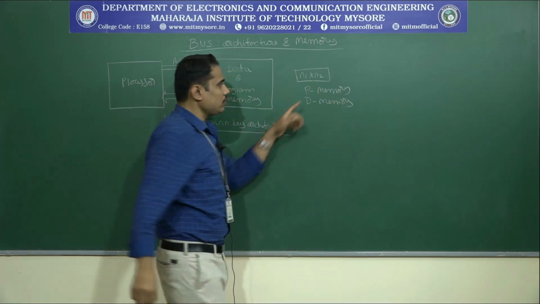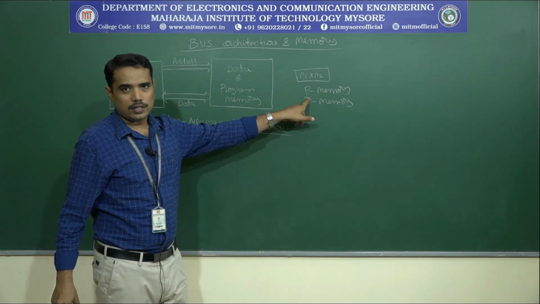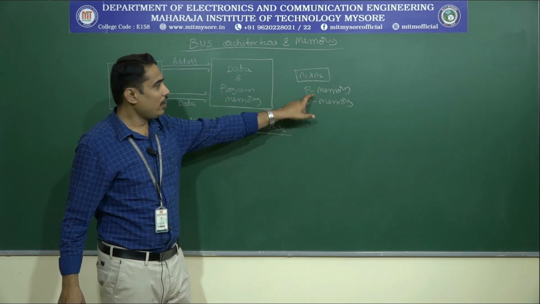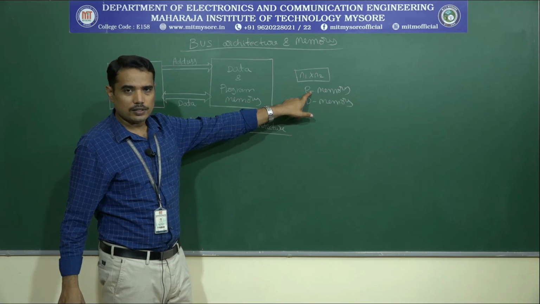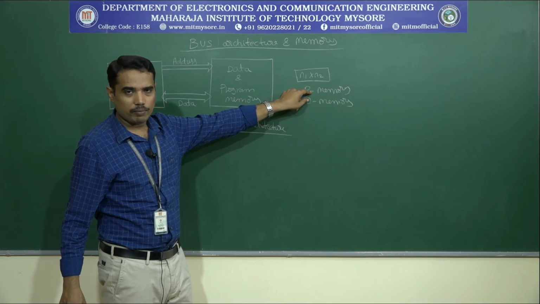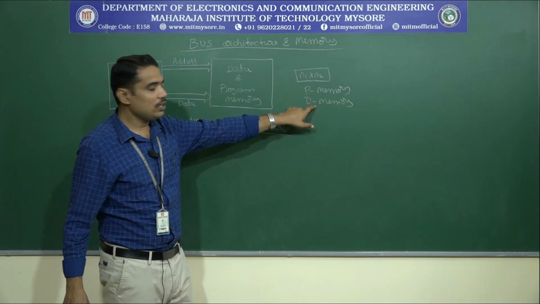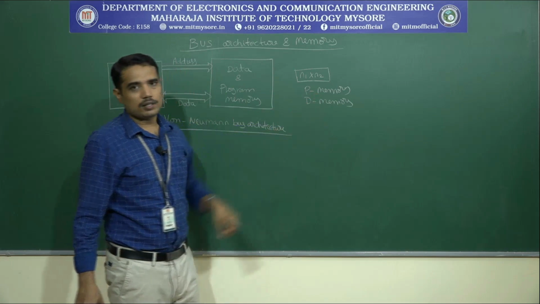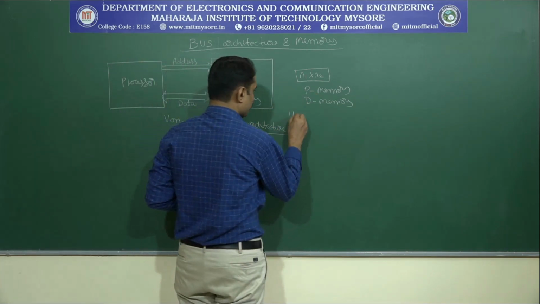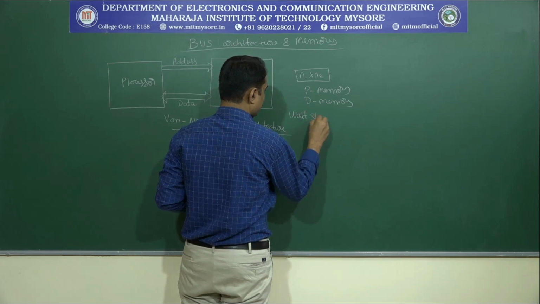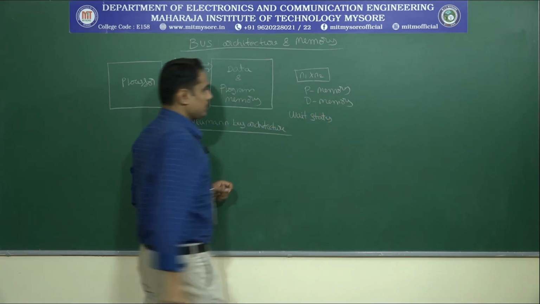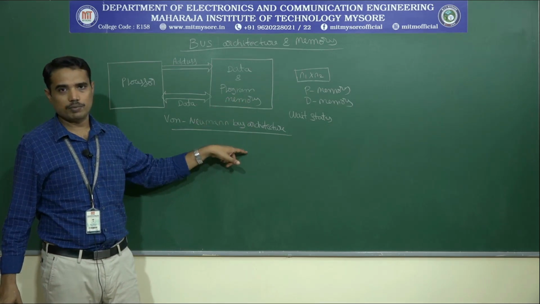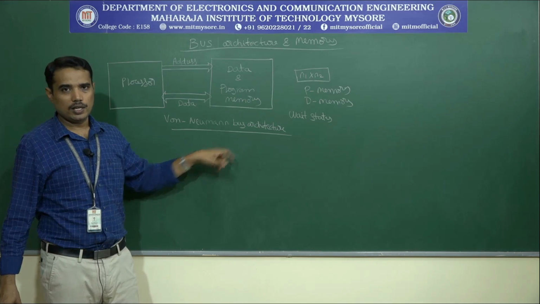That means first, if you want to fetch the instruction, then the data will be idle. After fetching the instruction from the block of memory, that is program memory, only then we proceed to work with the data. That means here there are more wait states, one after the other. This slows down the computation. The speed will be less.